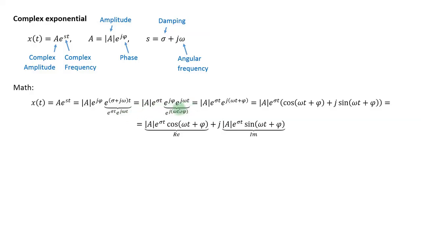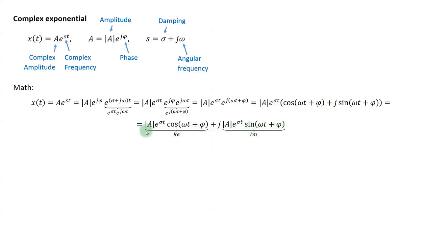Here I can combine these two exponentials into this single exponential, and that will give me this. Now, using Euler's formula, I can write this exponential as a sum of a cosine plus j times sine. So I will get this expression. Now when I multiply both cosine and sine by this expression, I will get this.